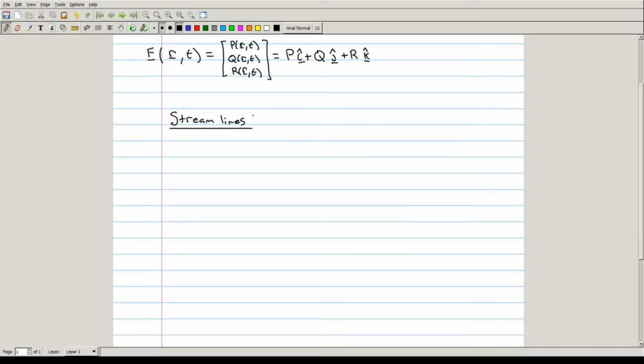And this is, simply put, a family of curves that are instantaneously, so at each point, in each instant of time, tangent to the vector field.